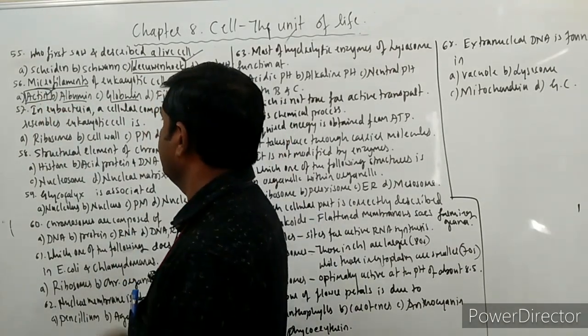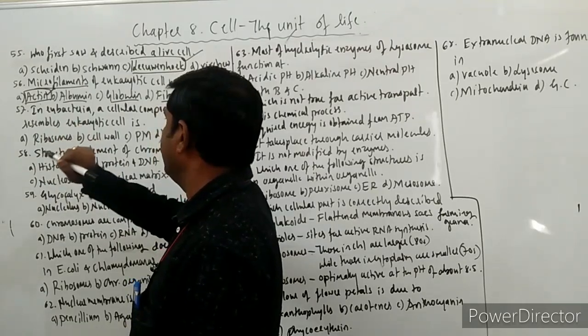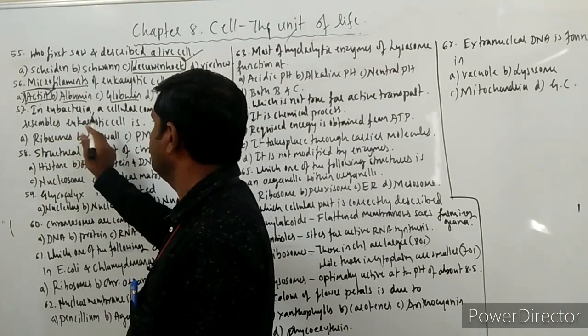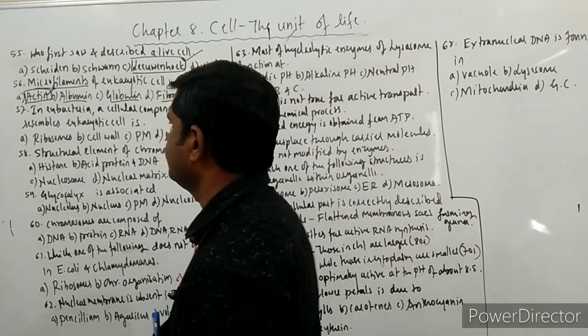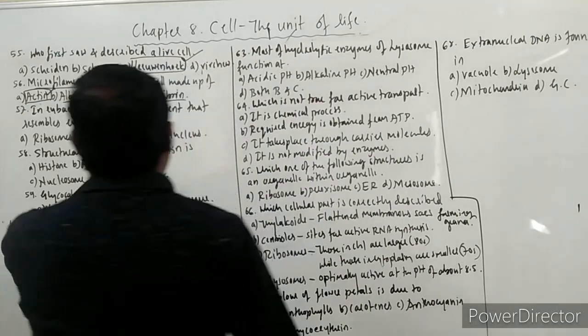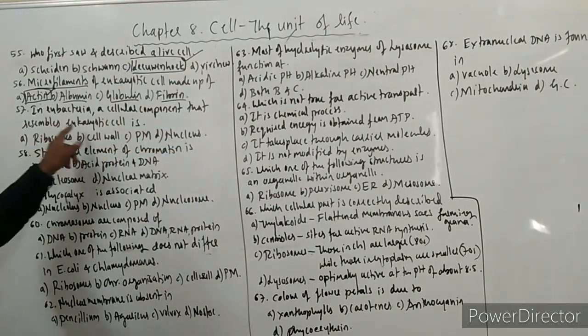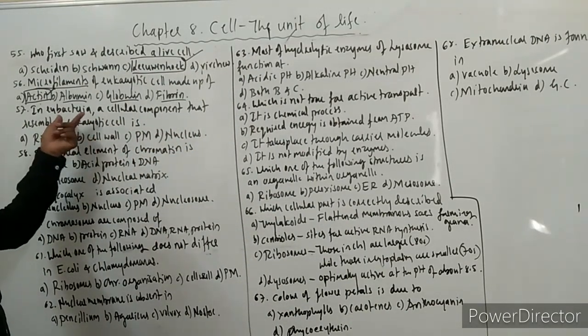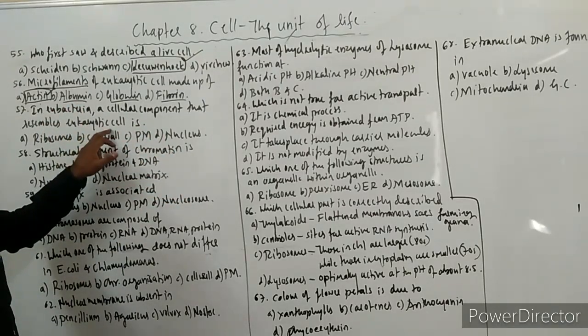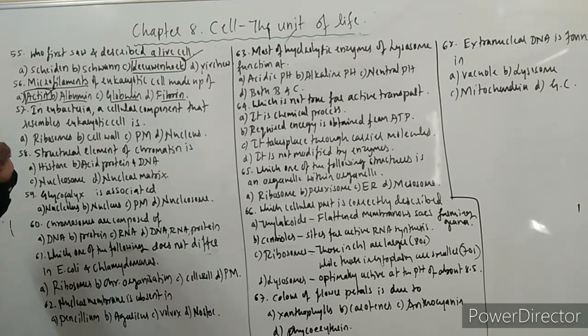Next question. In eubacteria, a cellular component that resembles the eukaryotic cell is. Eubacteria itself is a prokaryotic cell, and the eukaryotic cell it is compared with.